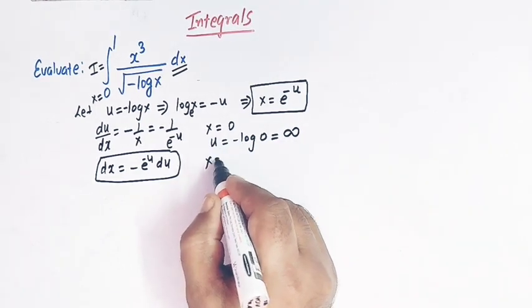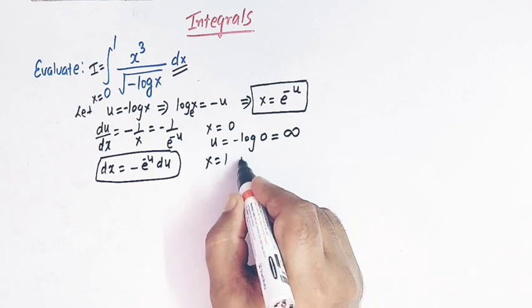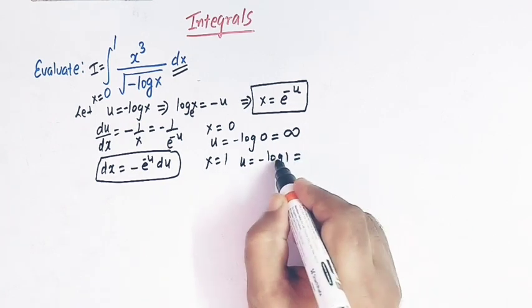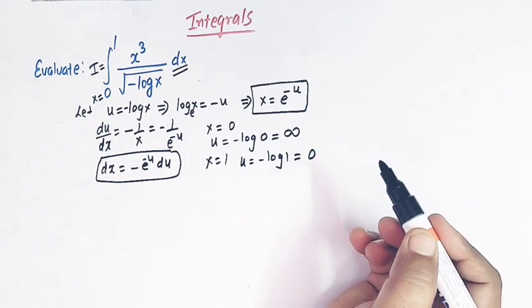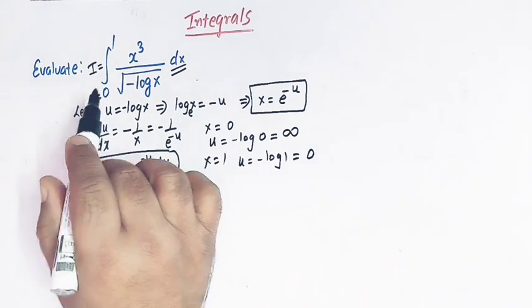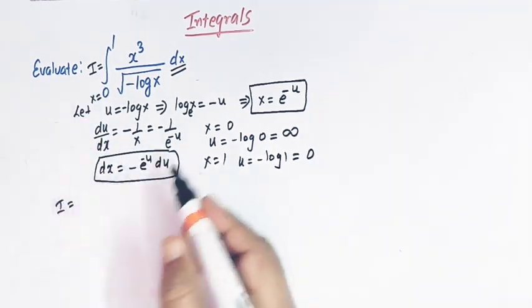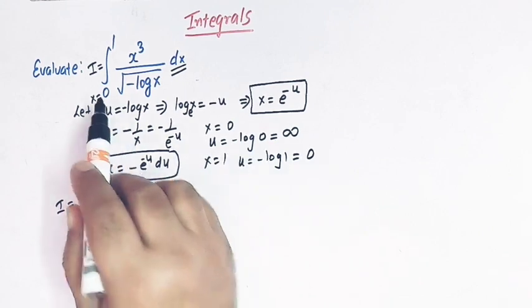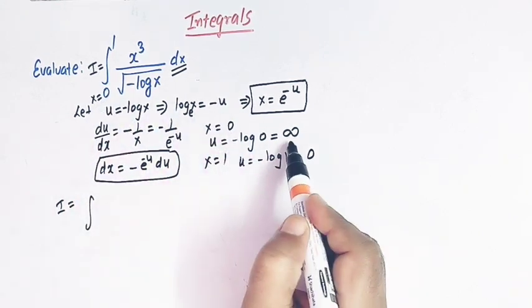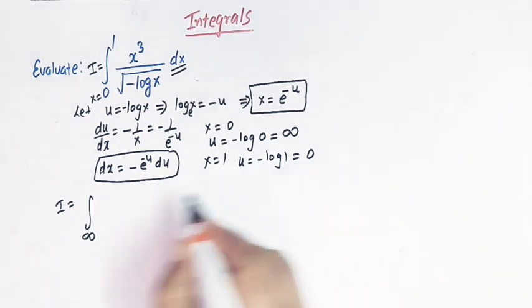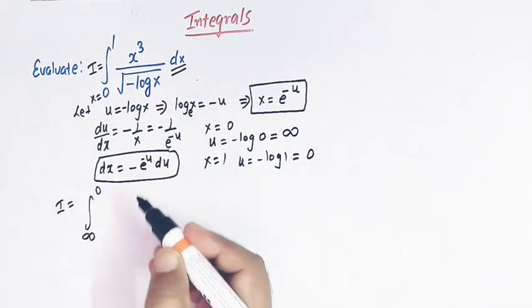And when x is equal to 1, we have u is equal to negative of log of 1, and log of 1 is 0, so we have 0, right? So now we can write this integral I in terms of u. So we have here when x is 0, u is infinite, and when x is 1, u is equal to 0, right?